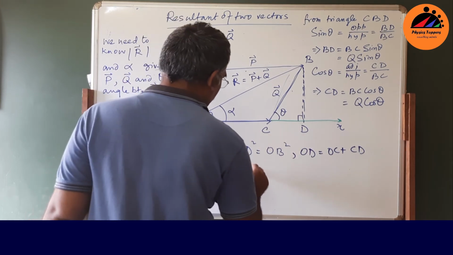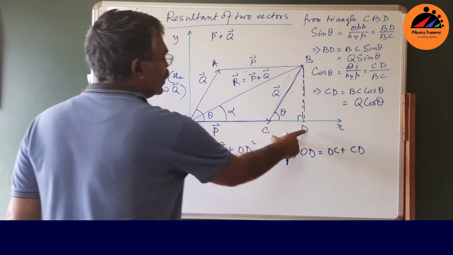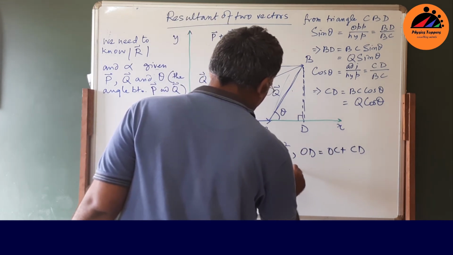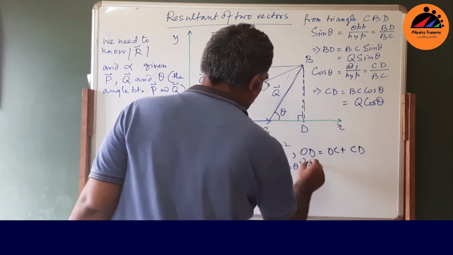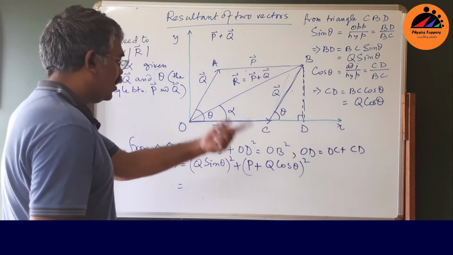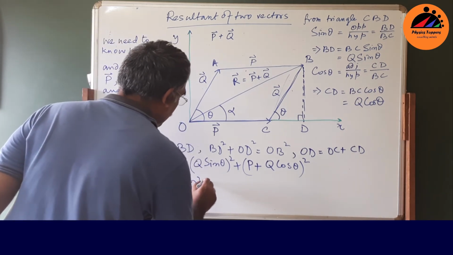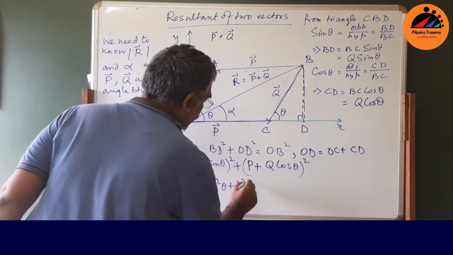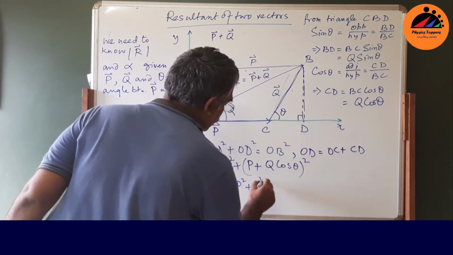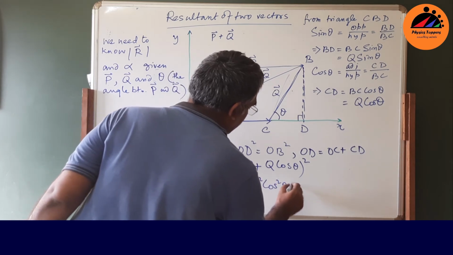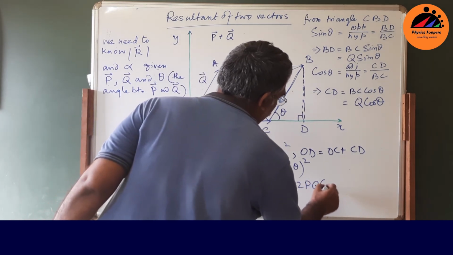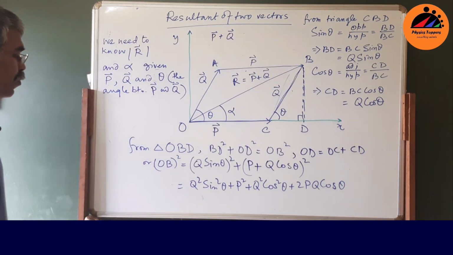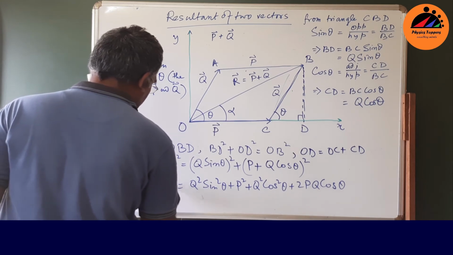OC is P. And CD I have already found, Q cos theta. So OD square is P plus Q cos theta whole square. Now just expand this: Q square sine square theta plus P square plus Q square cosine square theta plus 2PQ cosine theta. And this is basically R square.